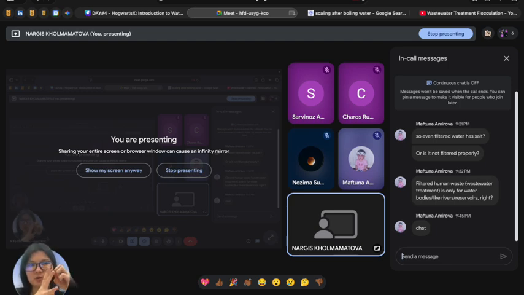For example, some filters can treat pollutants that are, say, 10 centimeters or 1 centimeter in length, and pollutants that are smaller than 1 centimeter are going to get through that filter.